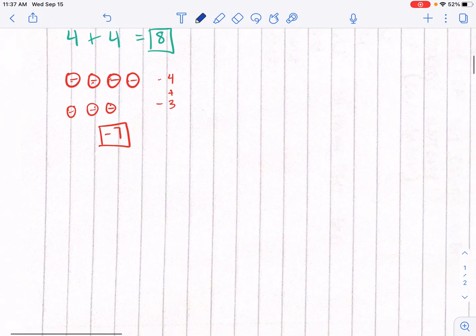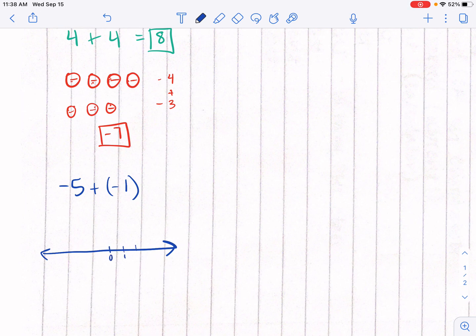Okay? Now let's show on a number line what this would look like. So if I had the problem, let's do the negative ones are the most fun. So I'm going to do another negative. Let's do -5 plus -1. Okay? So this would be like if you owe your friend $5 and then you're in debt $5 to your friend, and then let's say you borrow another $1 from them, so you're in debt another $1. So on the number line, let's see what that would look like. So I'm going to start with 0.